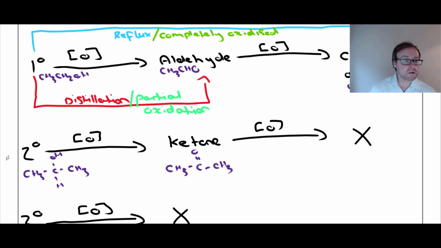Okay, so if I oxidize a secondary alcohol, I will get a ketone. Now I could distill it or I could reflux it. However, it's usually done in reflux to make sure it's completely oxidized.